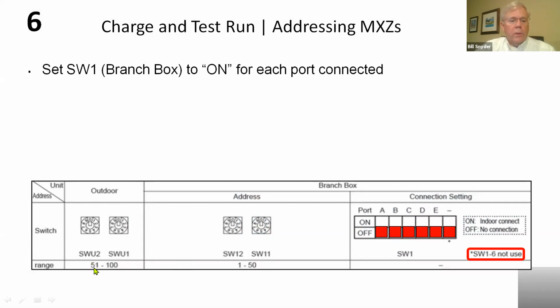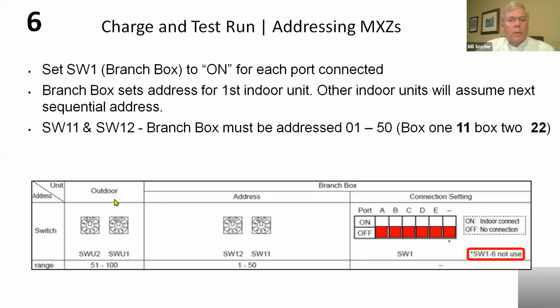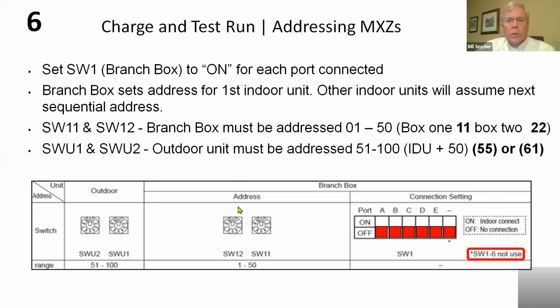The outdoor unit is usually addressed between 51 and 100, and the indoor branch box between 1 and 50. If you look at the installation instructions, it's going to tell you to address the outdoor unit at 51 and the branch box for number 1.